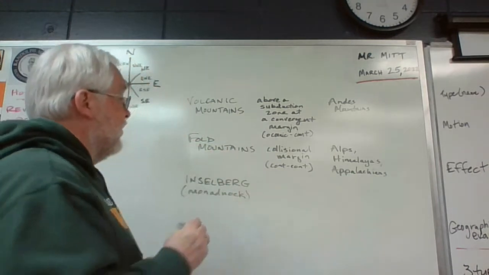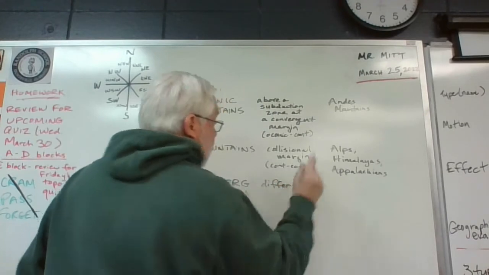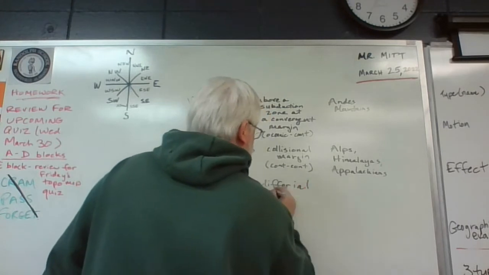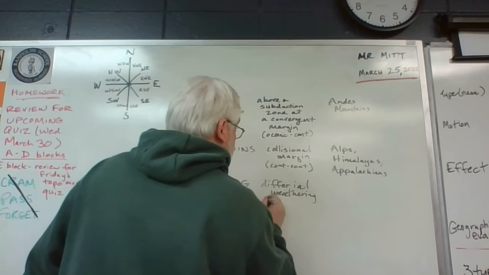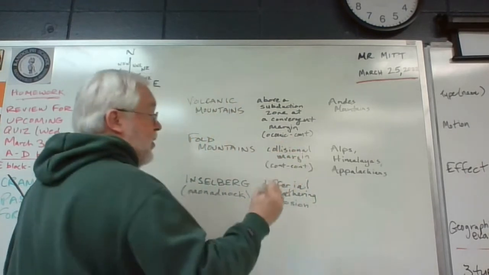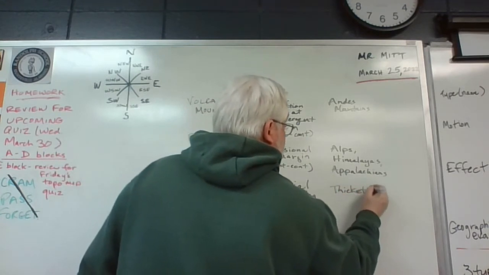And again, these are produced through differential weathering and erosion. And the example that we discussed in class is Thickety Mountain in South Carolina.